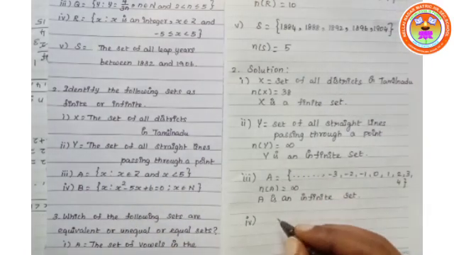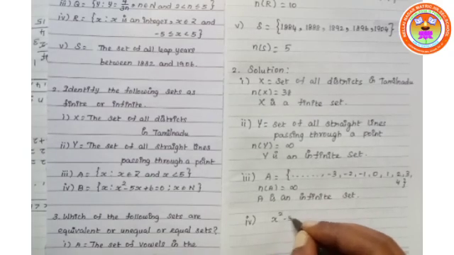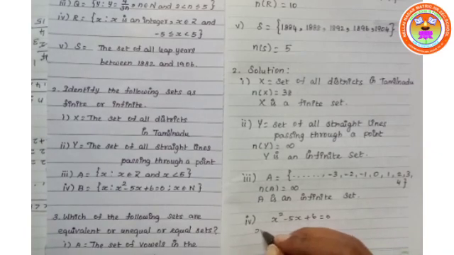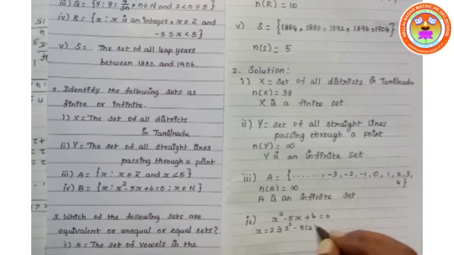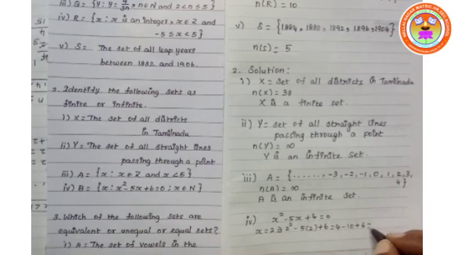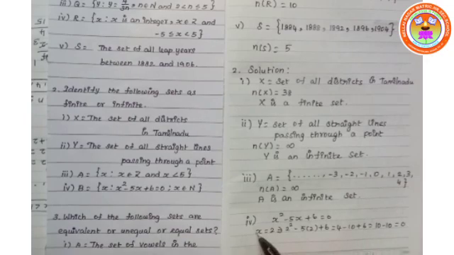Suppose you put x equal to 2. Here, 2 squared minus 5 into 2 plus 6. Wherever you have x, you substitute x equal to 2. Which implies 2 twos are 4, 5 twos are 10, plus 6. You will get 4 plus 6, 10 minus 10 equal to 0. So x equal to 2 is one of the values which satisfies this equation.